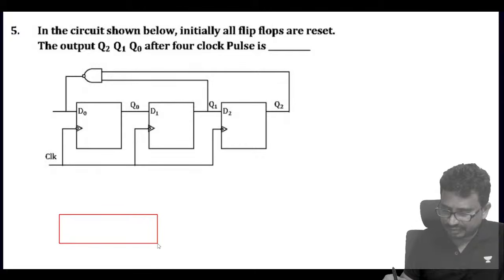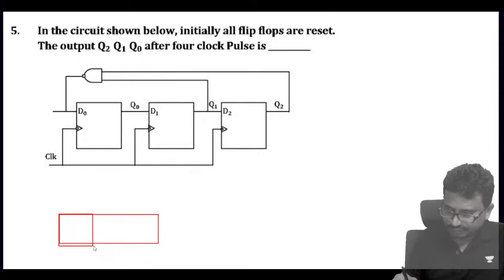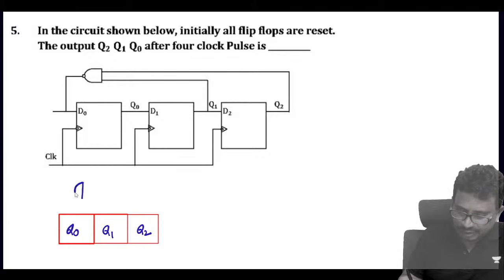So we have D0, Q1 and this is Q2. They have taken the NAND gate.